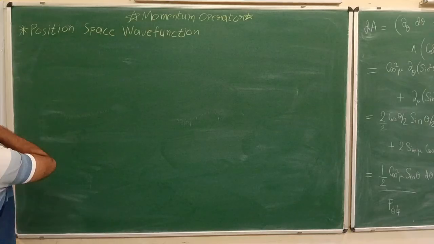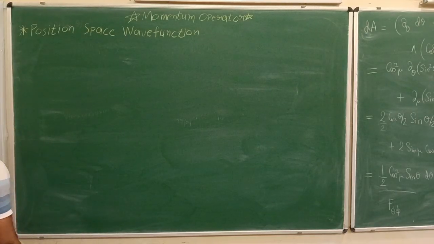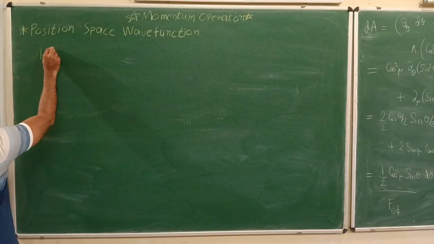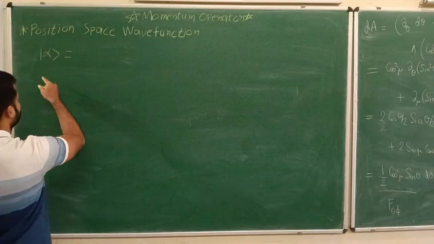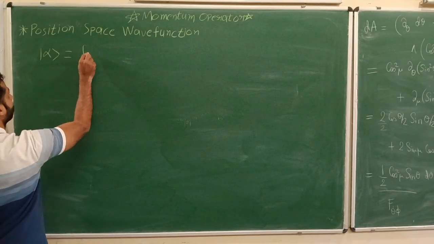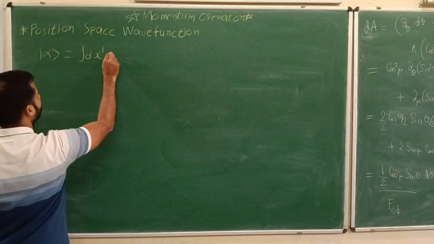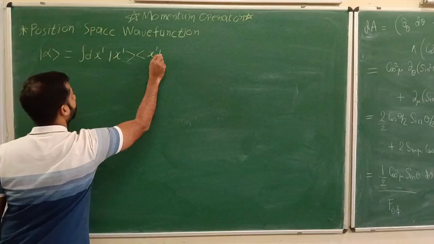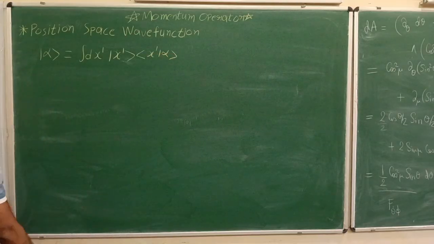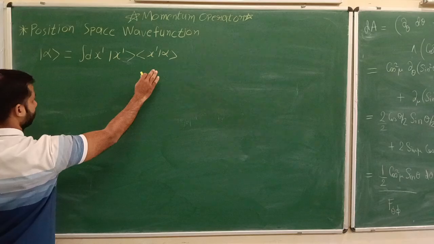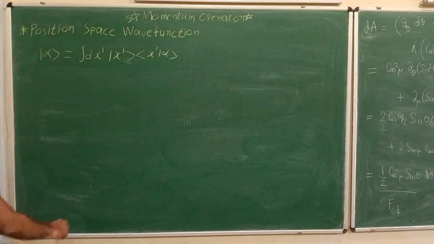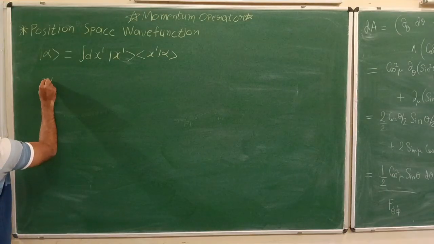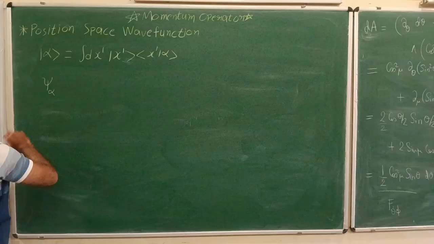Okay, so we'll be talking about position space wave function. So we know now that for any arbitrary state alpha, you can use the identity and so this particular inner product, this is what is referred to as the wave function. So we write psi subscript alpha.